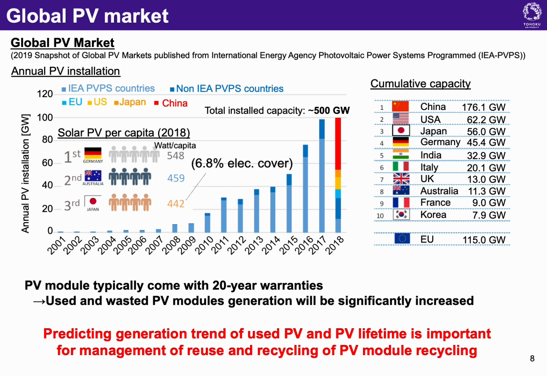PV modules typically come with 20-year warranties. Therefore, after 20 years from installation, the generation of used and waste PV modules will increase significantly. Therefore, predicting the generation trend of used PV and PV lifetime is important for management of reuse and recycling of PV modules.